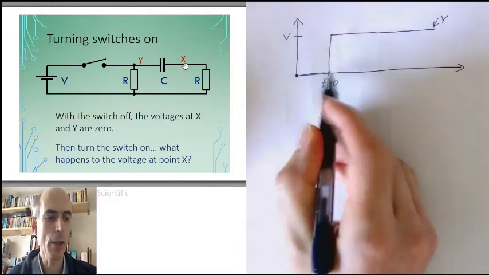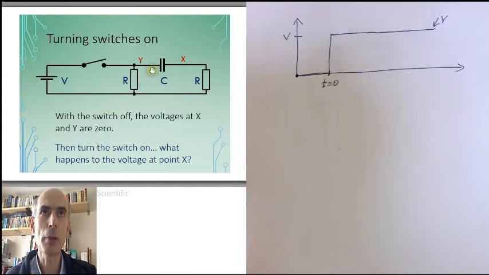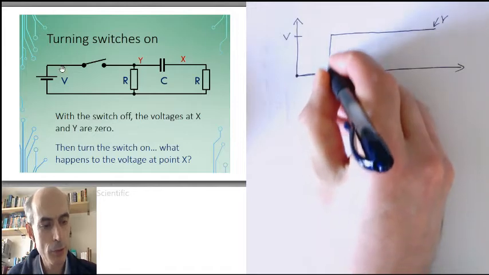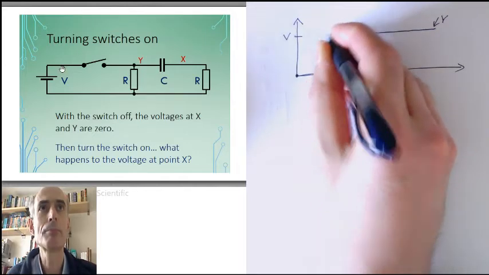X. Well, if this plate of the capacitor has suddenly jumped up to a value of V, and you cannot change the voltage across a capacitor instantly, then the other plate of the capacitor must have suddenly increased to a voltage of V as well. So it starts up there.